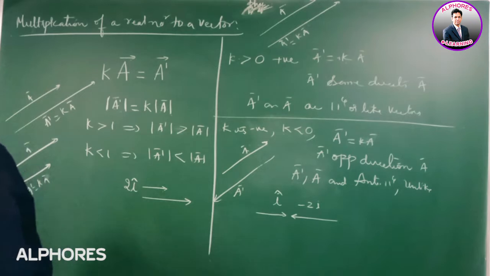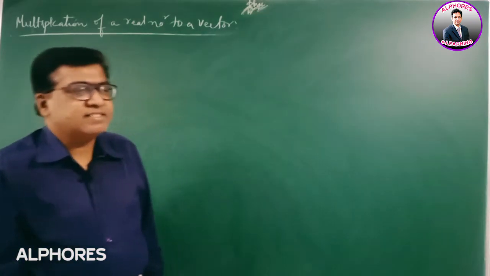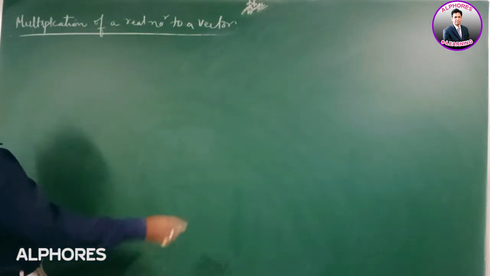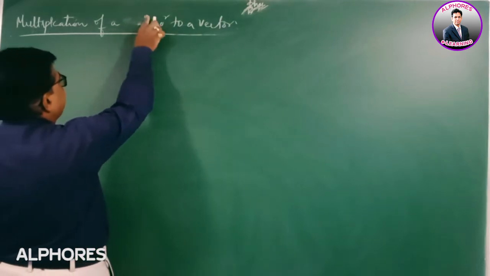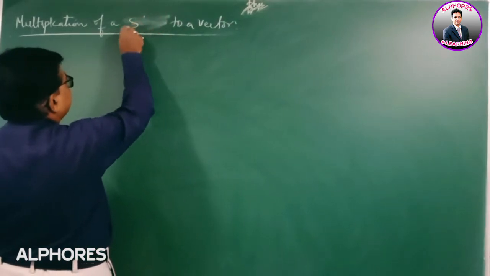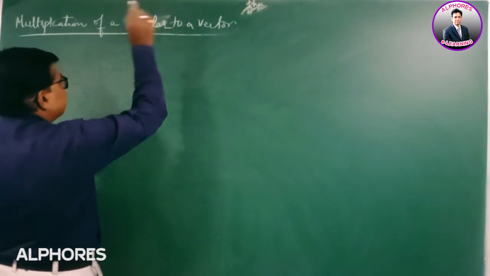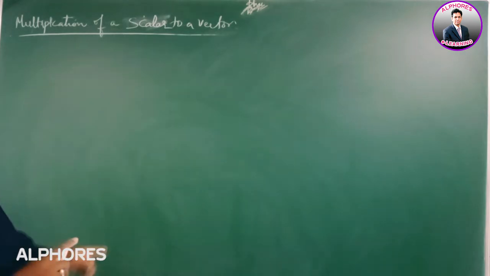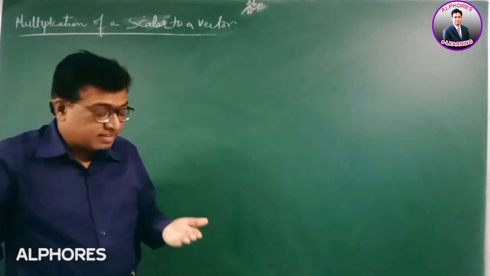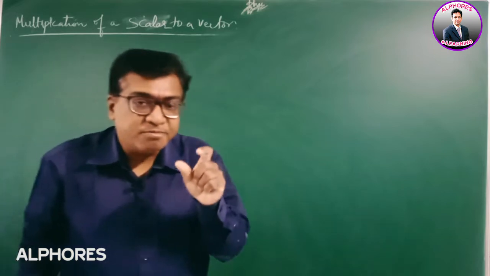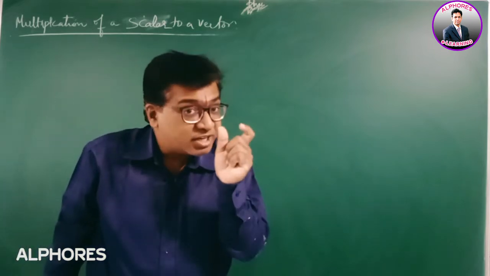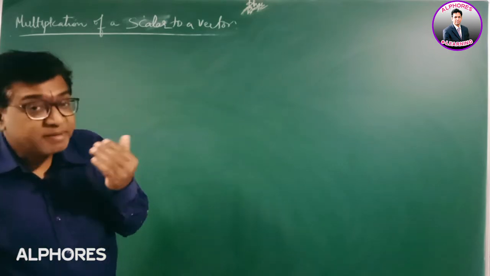Yes, the next case, let us take up the multiplication of a scalar to a vector. Now what if I multiply a scalar, which has a magnitude and a particular unit, to a vector?